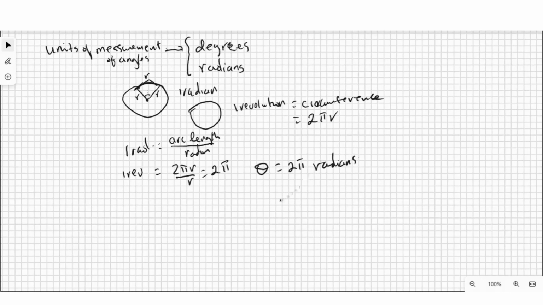So if 2 pi is equivalent to 360 degrees, then we know pi is 180. That's why we always say pi is 180 degrees.